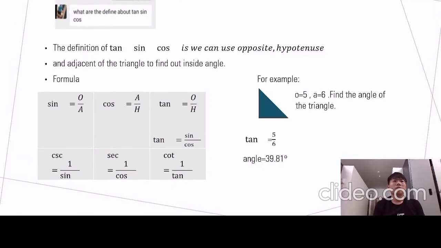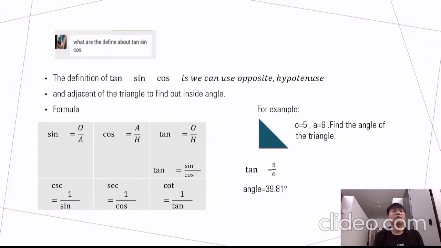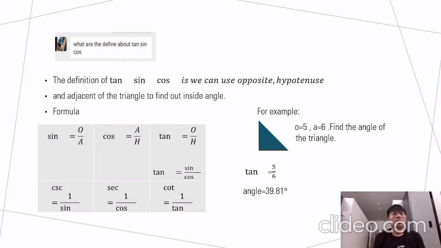The first question: what is the definition of tangent, sine and cosine? The definition is that we can use the opposite, hypotenuse, and adjacent of the triangle to find out the inside angle. So let us see the example question. In the question, we know that O equals 5 and A equals 6.